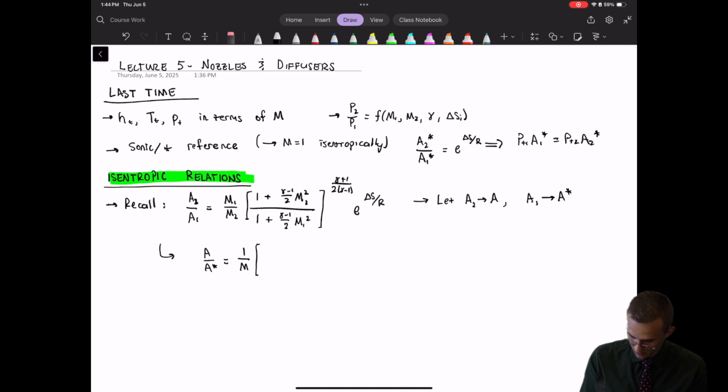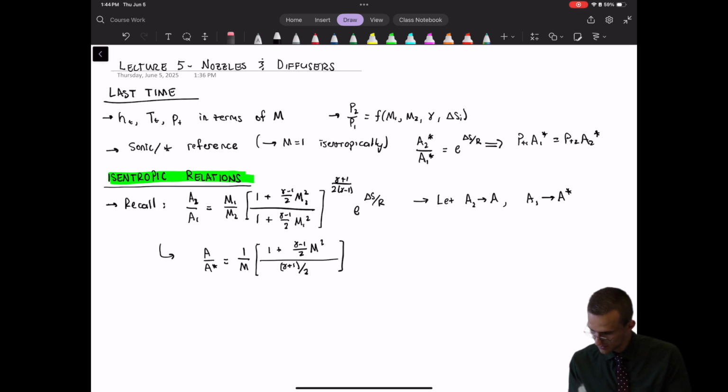Okay, and then we also have this exponent gamma plus 1 over 2 times gamma minus 1.